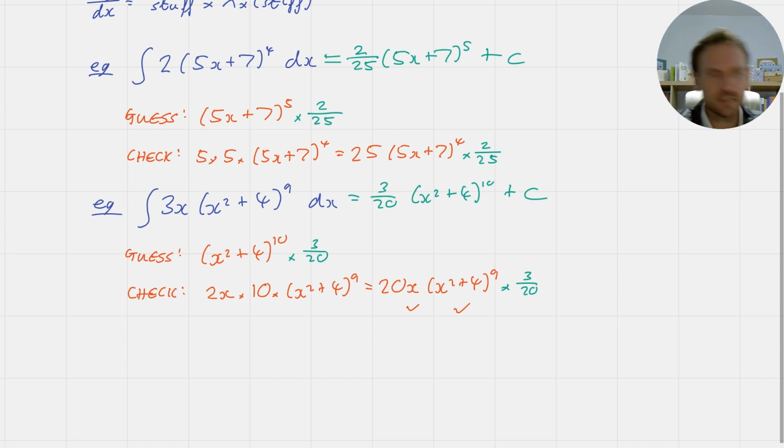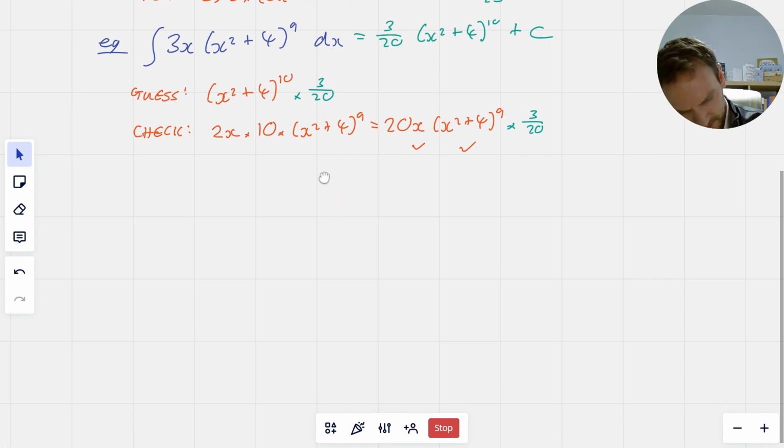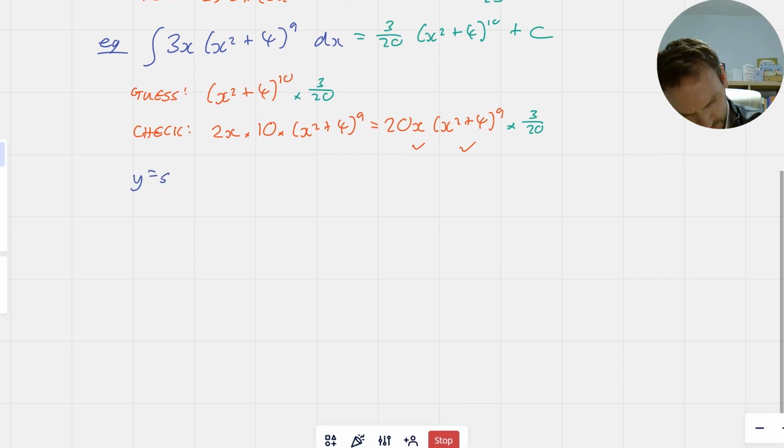All right, so that's if we integrate something that's roughly of the form stuff dash times stuff to the n minus 1. What other situations might we look at? Well, the other cases that we might need to be aware of are sine and cos. So the next situation I want to consider here is we want to be aware what happens if we differentiate sine of stuff.